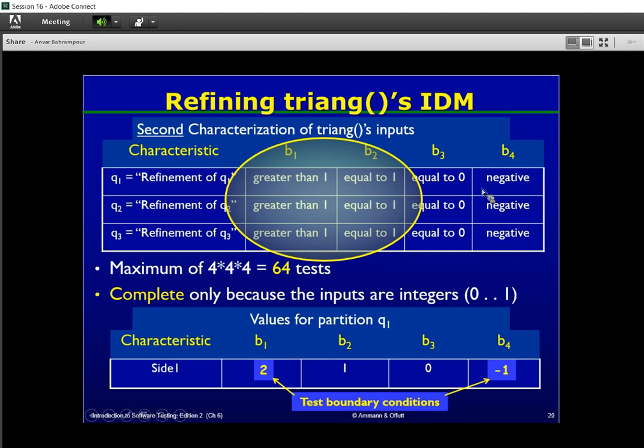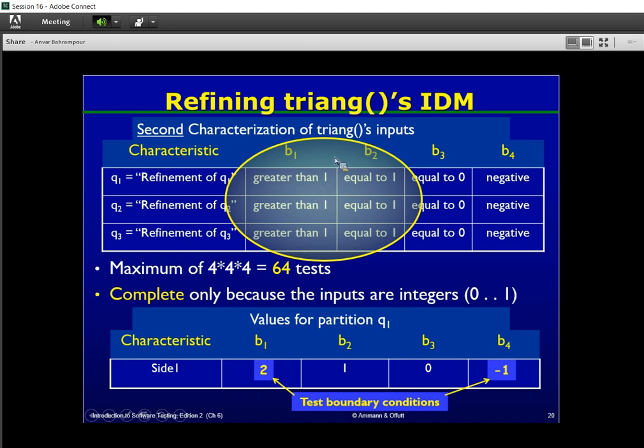Values less than 0 are considered in this block, the 0 value block, the 1 value is considered in this block, and the values greater than 1 are considered in block B1, but values between 0 and 1 are not considered in any of these blocks. So these blocks could not constitute our domain.